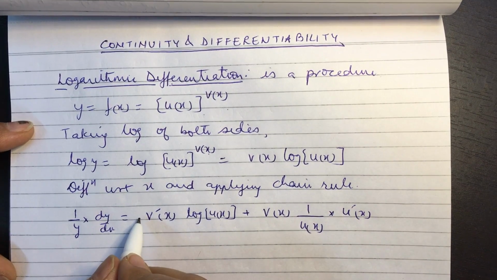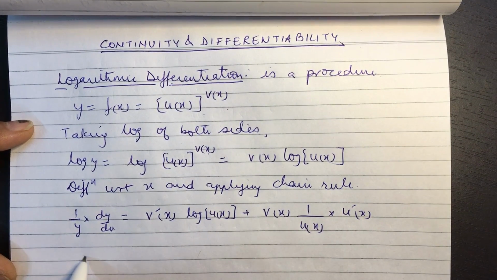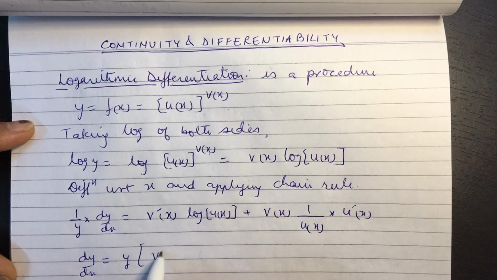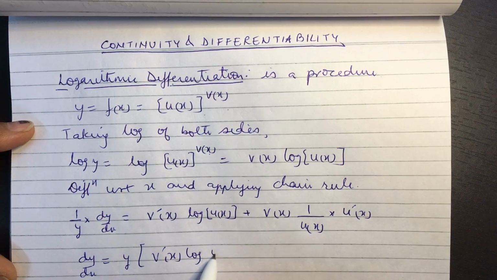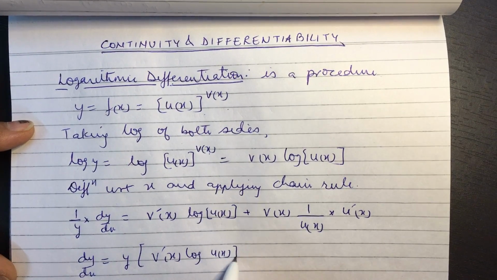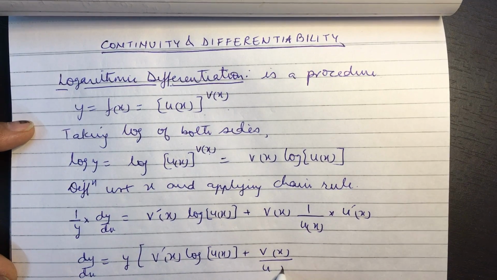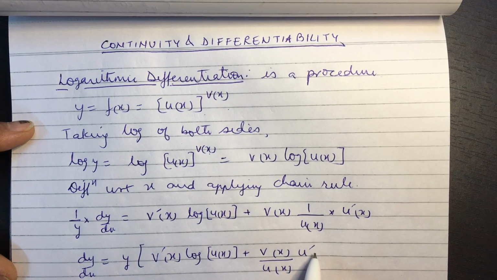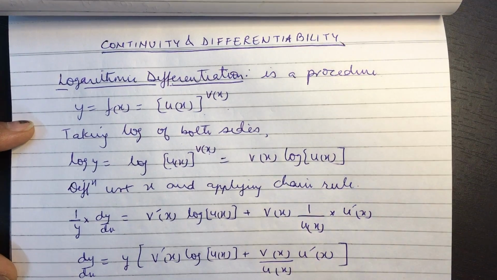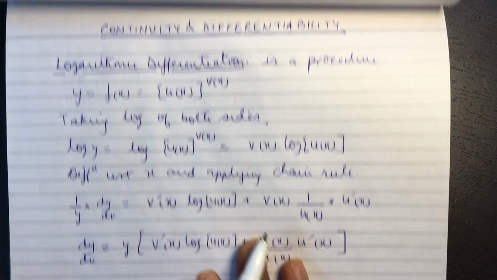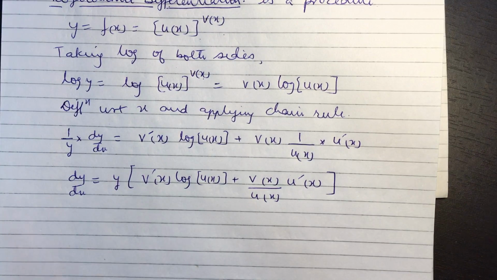Now this y goes to the other side, and so we get dy by dx is equal to y times v dash x log of u(x) plus v(x) over u(x) into u dash x. This is the answer.